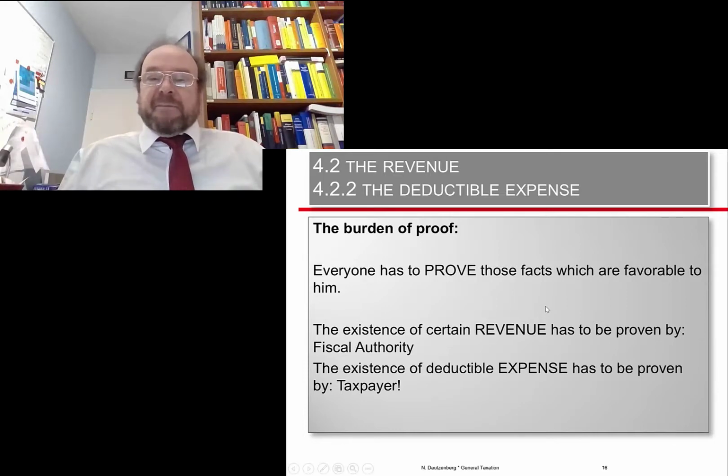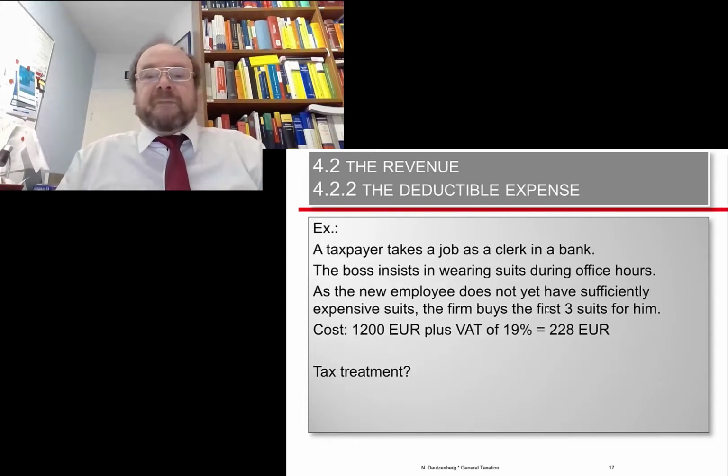So in many cases where, for example, there is even the chance that something is mixed expense, the taxpayer will not be able to prove that a private motive was not important, and that is then the death blow for the deductibility of that expense.